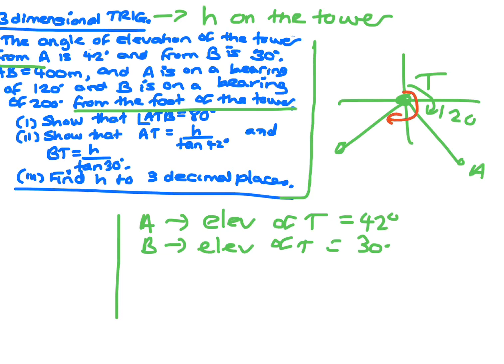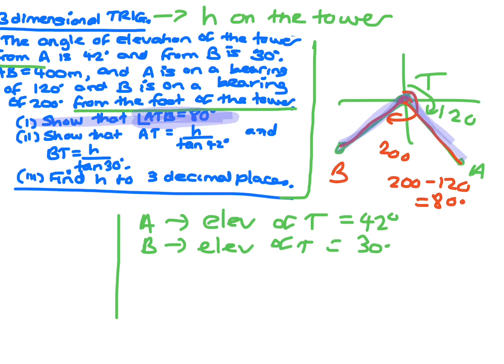So that's B. So this angle, BTA, where T is the foot of the tower, will be equal to 200 minus 120, which is equal to 80 degrees, which is what we meant to show here. So angle ATB equals 80. That angle in there is 80 degrees because it's basically 200 minus 120.